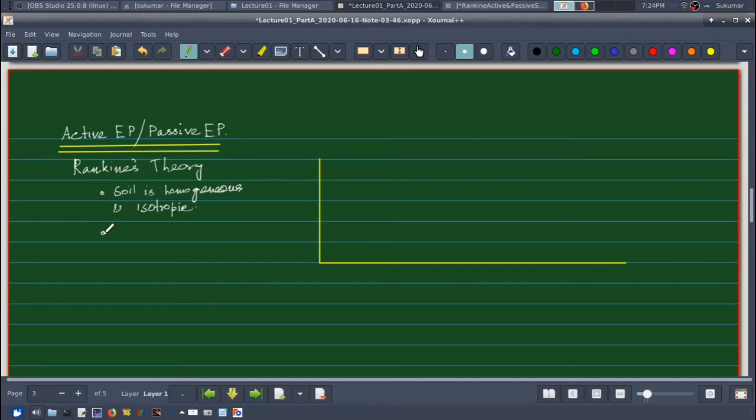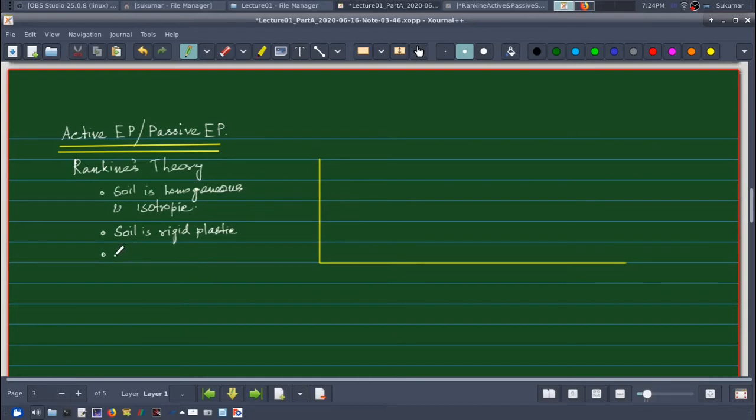Then he assumed that plastic equilibrium occurs, so soil is a rigid plastic material.